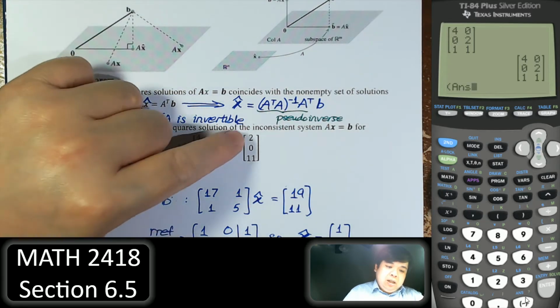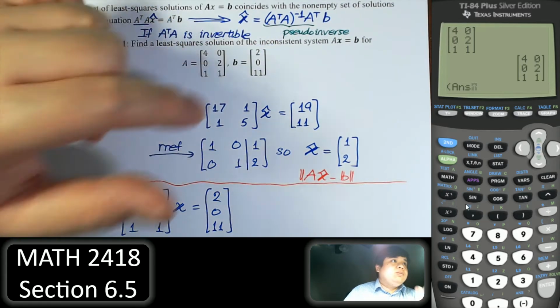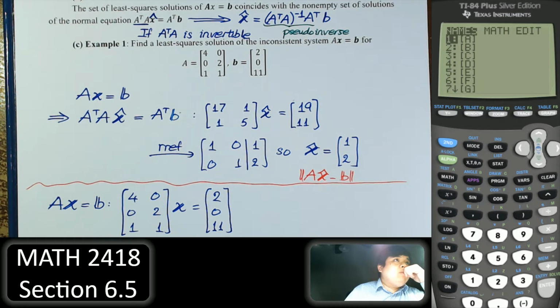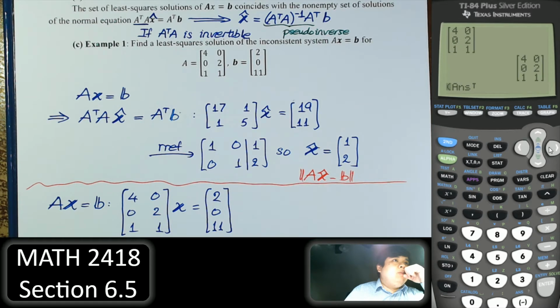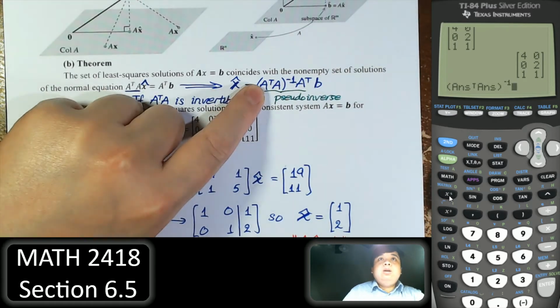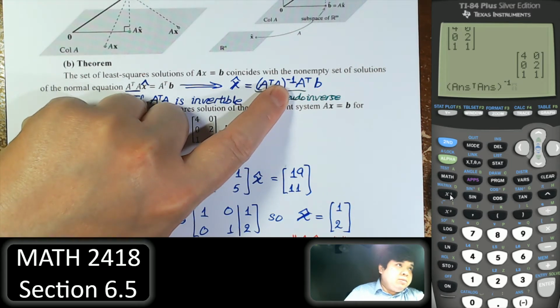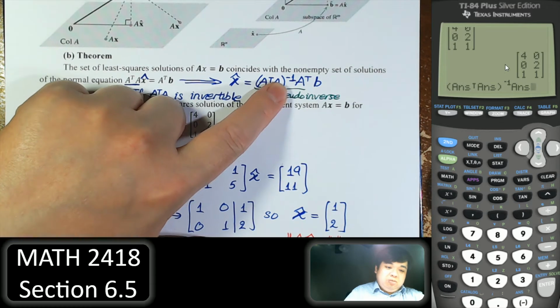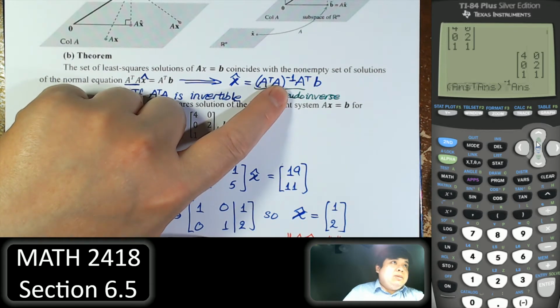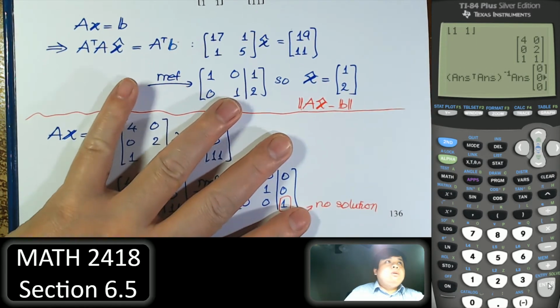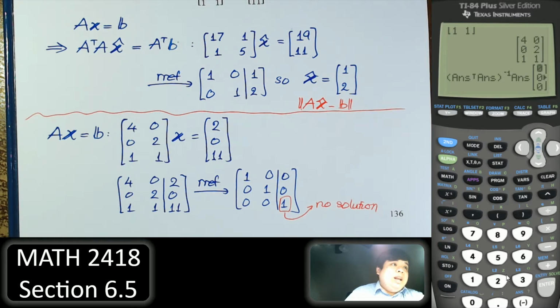That is the inverse of A transpose A, times the matrix B, which is 2 0 and 11.